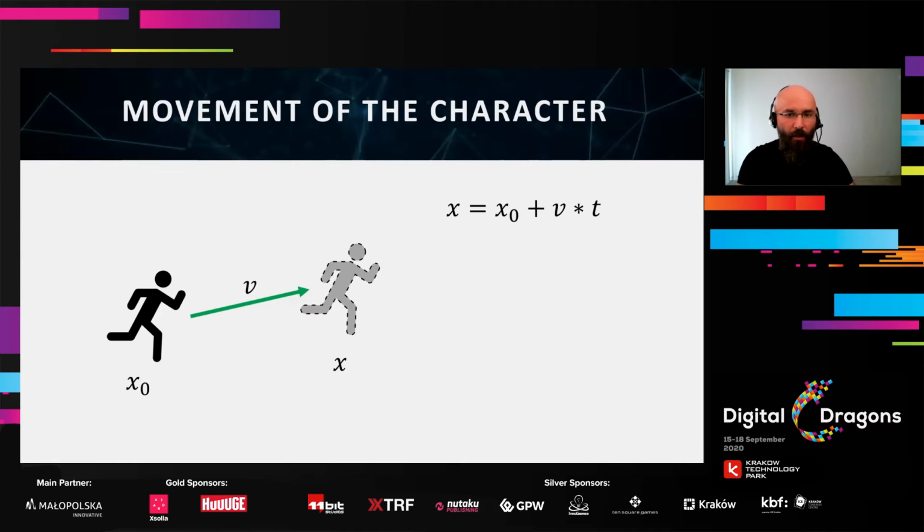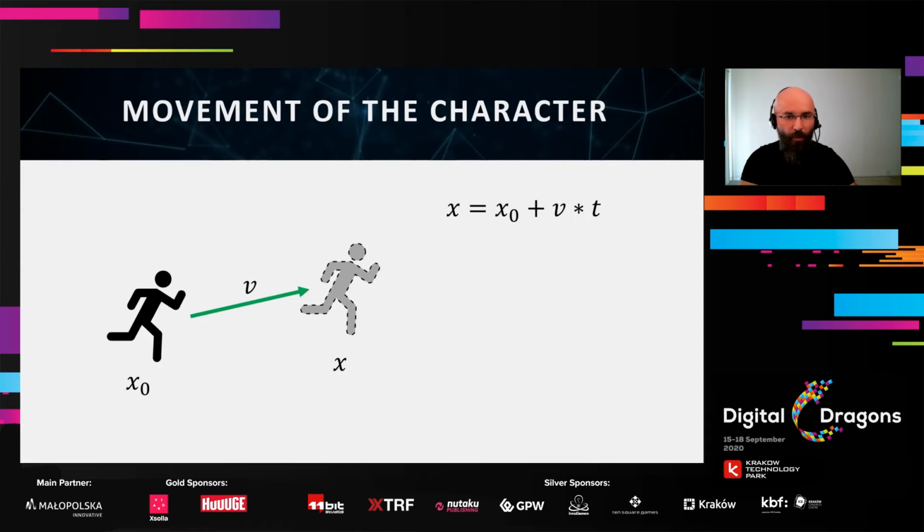So I'm going to talk about 3 specific types of movement prediction. The first one is the simplest one, for the movement of a character. In this case, I just want to predict where the character is going to be in the near future, let's say after half a second or after a second.